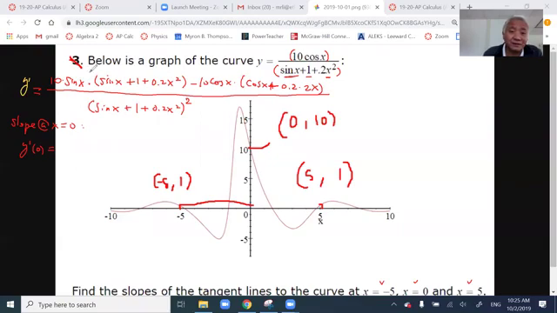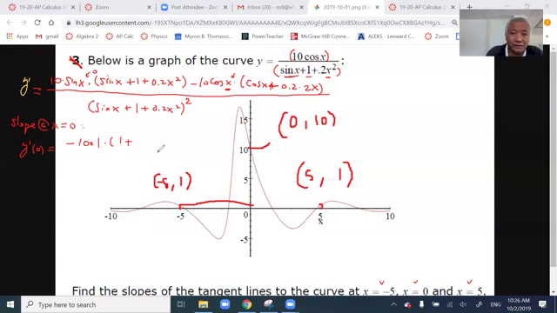So at 0, sine 0 is 0, everything is 0. Cosine 0 is 1. Be careful here. So that means this part we have negative 10 times cosine 0, which is 1, times 1, okay? And then times cosine 0 is 1.